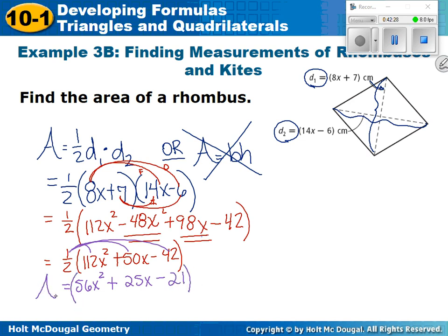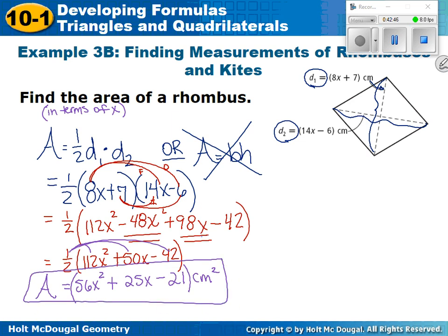That is our area. Again, on the test, it would say in terms of x. And what are our units? Centimeters squared.